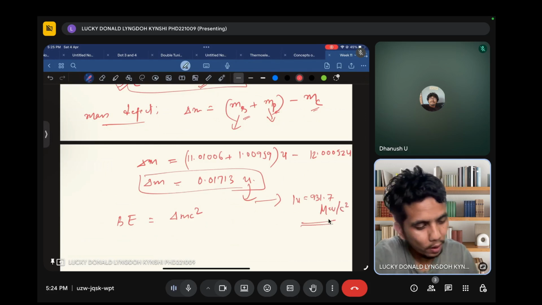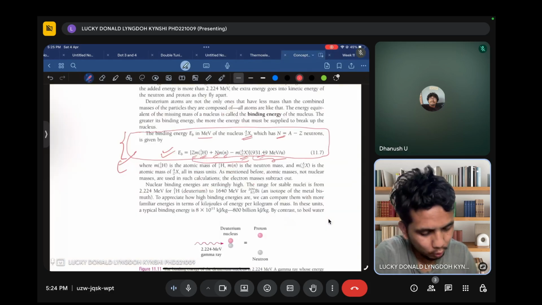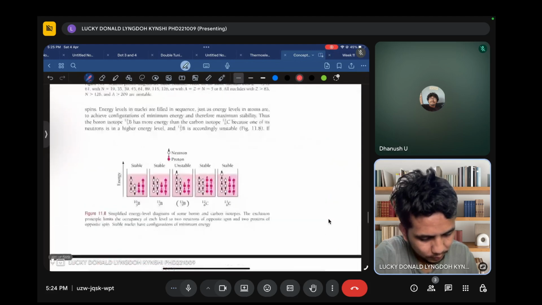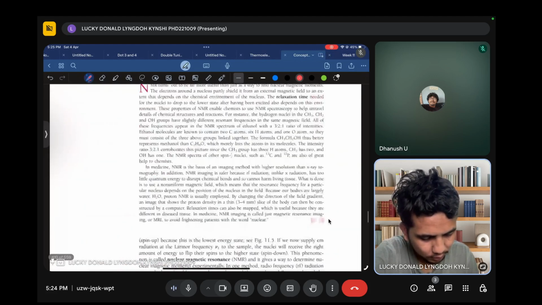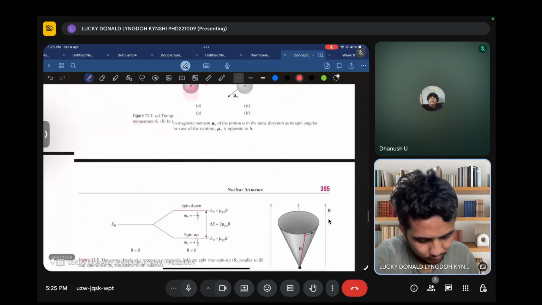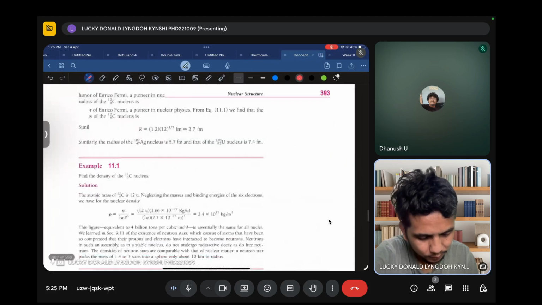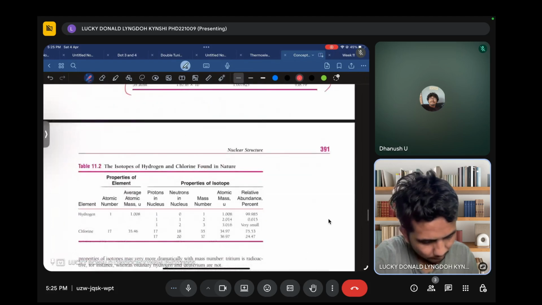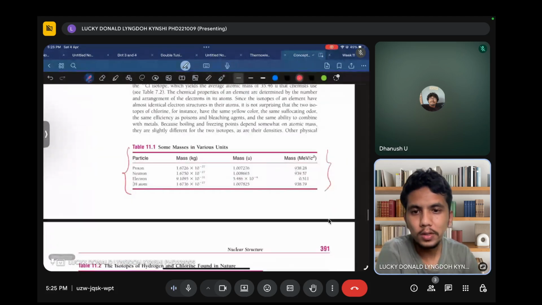If I can just quickly share, there is another conversion here, energy, which is already given to you in the table. Just a second. Yeah, you see here there's already an energy conversion, if you want to have a look.